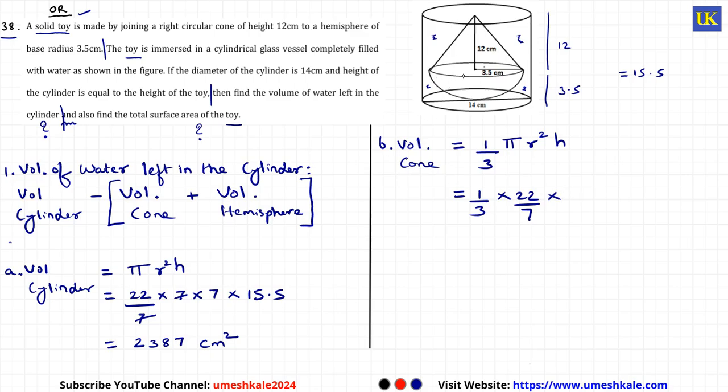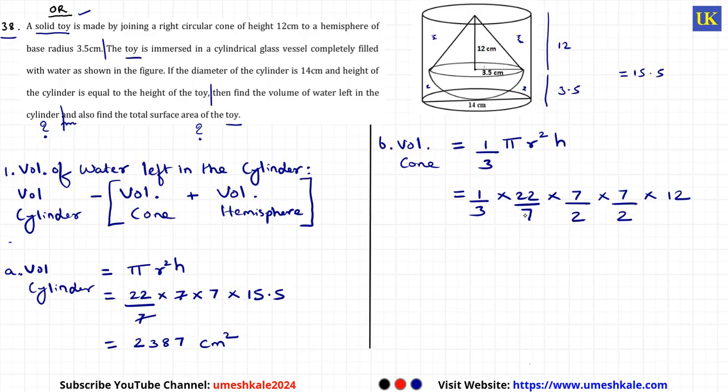Now we are talking about the cone, so the radius of the cone is 3.5. In fraction we can take 7 by 2 or 3.5, both are okay. Square means 2 times. And the height of the cone is 12. Guys, you need to take the numbers properly, without confusion. Do not take the measurements of the cylinder for the cone, otherwise the entire sum will go wrong.